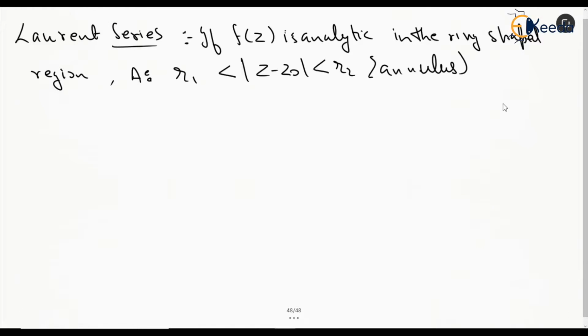So basically this is going to be a ring shaped region. This is the region; this is the radius R1 and this is the radius R2, right?